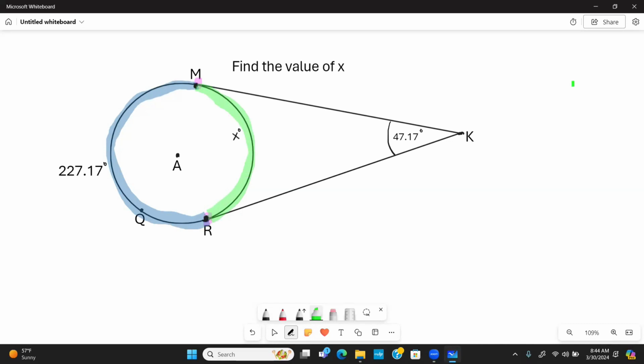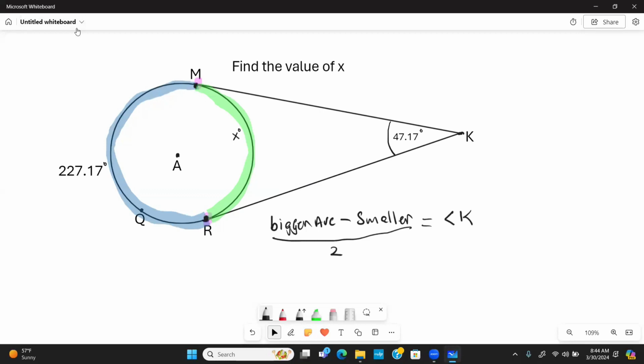Whenever we have two tangents that meet outside the circle, the theorem is that the measure of the bigger arc minus the measure of the smaller arc, if we divide this by 2, is going to give us that external angle, in this context at K.